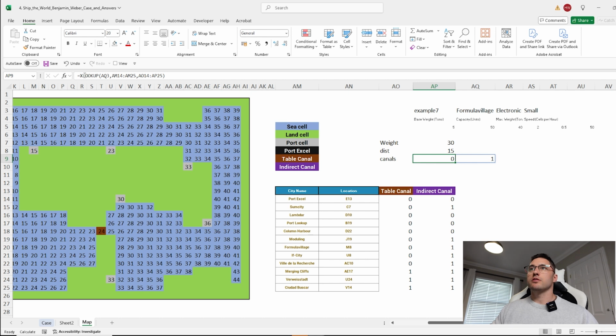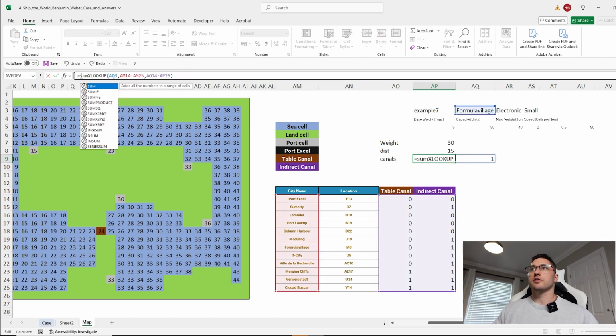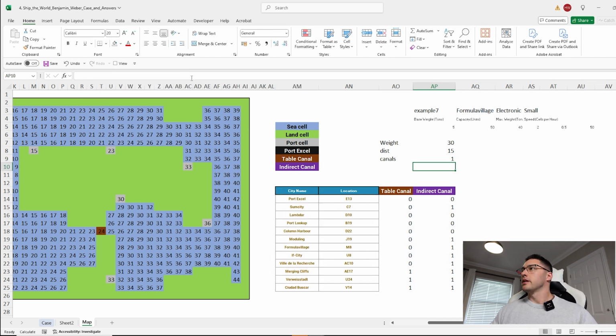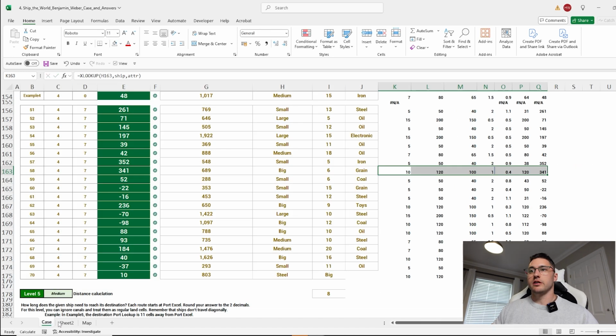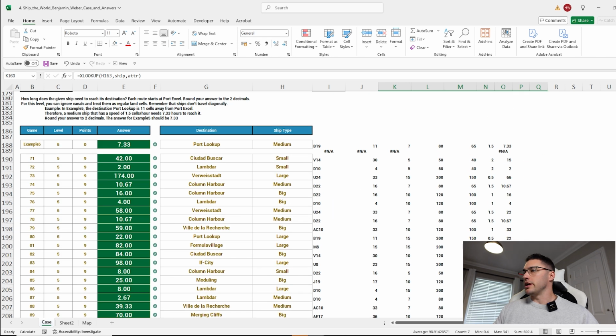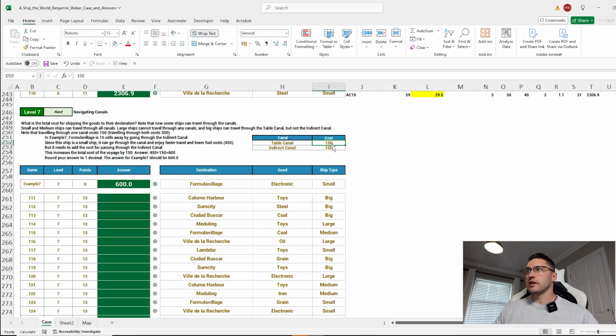That's going to give us an array. So we want to sum those, which is going to tell us how many canals we go through. And then our total is going to be the weight times the distance plus our canals times 150, because it costs 150 to go through each of the canals, which is listed here.